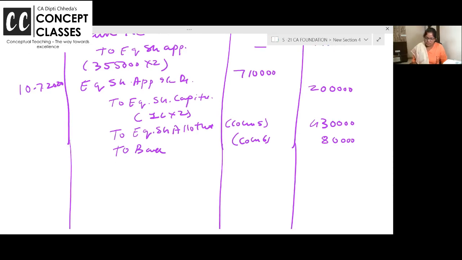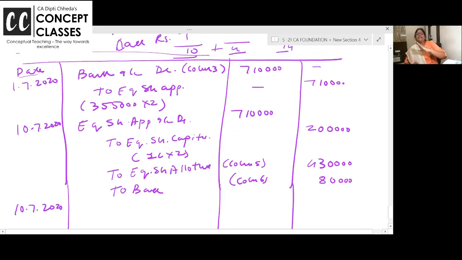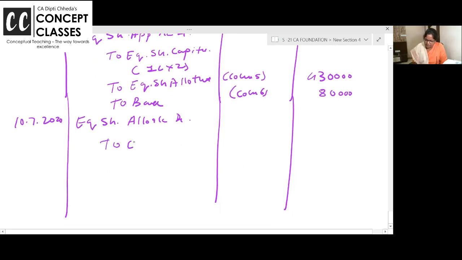Yes? Chalo. On same 10th of July. Acha, leave the figures aside for 2 minutes. What is the flow of entry? Application received. Application adjusted. Now allotment due. Equity share allotment account debit to equity share capital account.